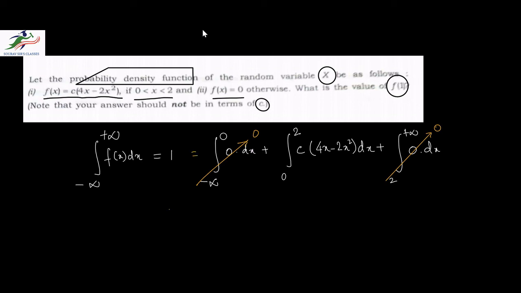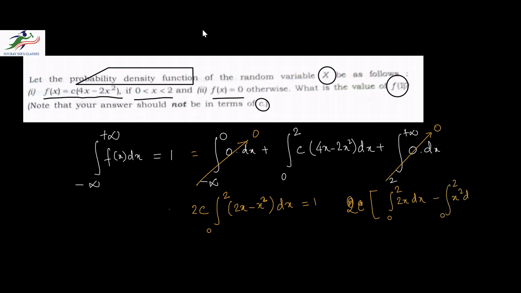So we get 2c times the integral of 0 to 2 of 2x minus x square dx is equal to 1. That is 2c into the integral of 0 to 2 of 2x dx minus the integral of 0 to 2 of x square dx, and this value is equal to 1.